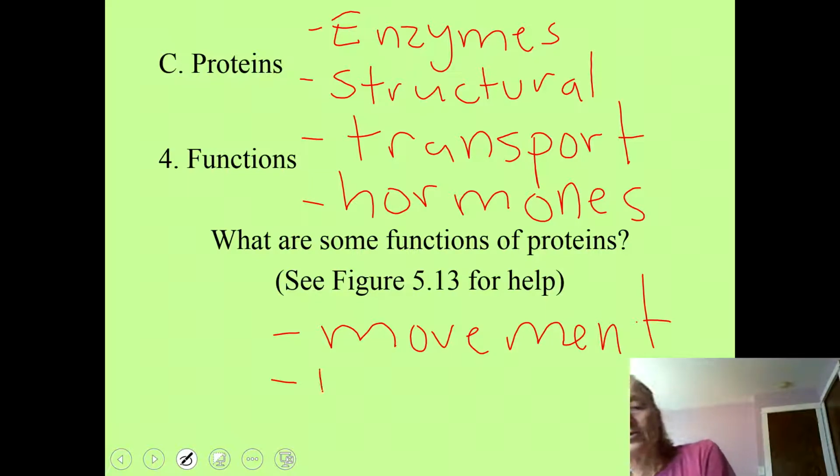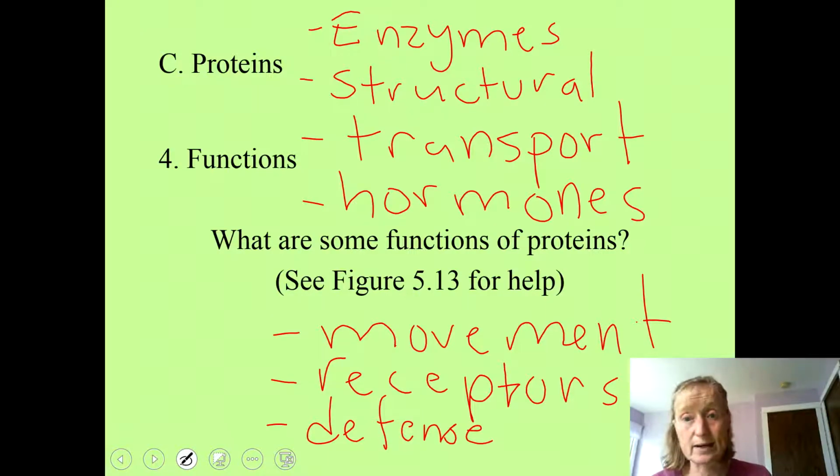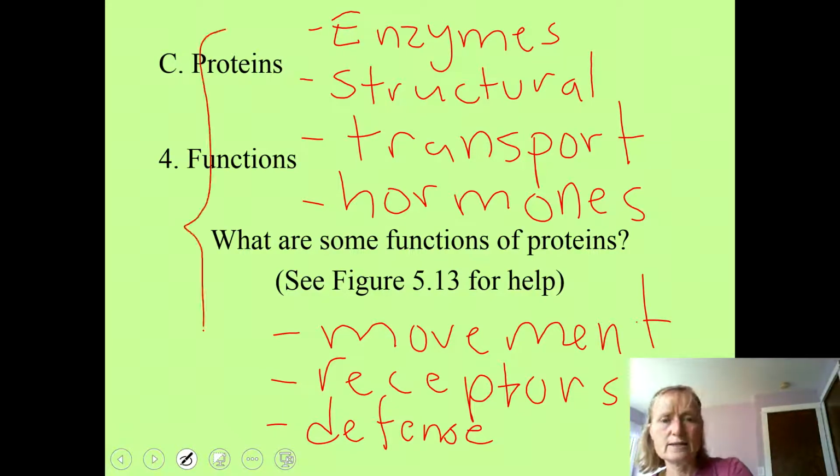Some proteins are receptors that sit at the surface of your cells and receive information driving cell behavior. Some proteins play a role in defense. So things like antibodies are proteins. Proteins do a ton for us. There are lots and lots of functions of proteins.